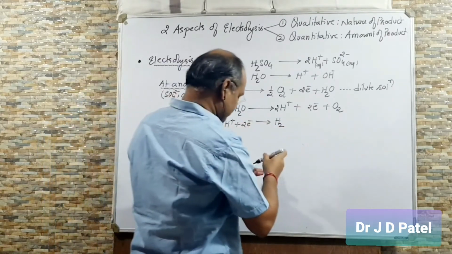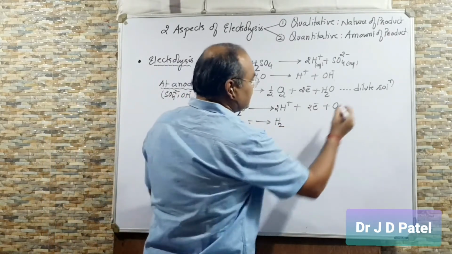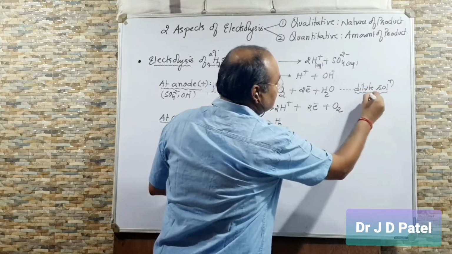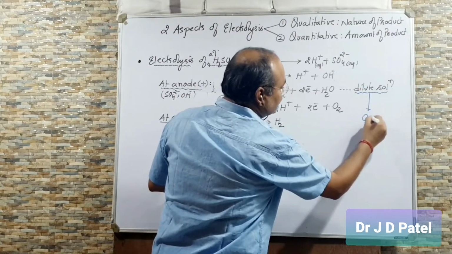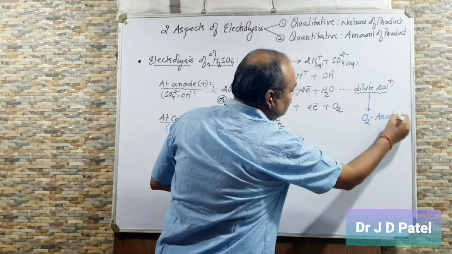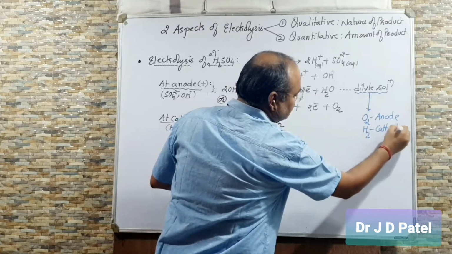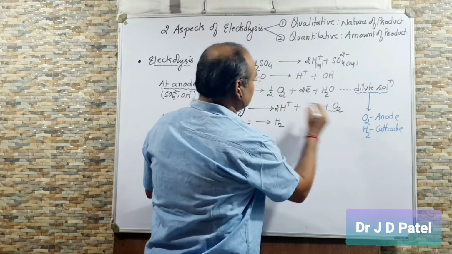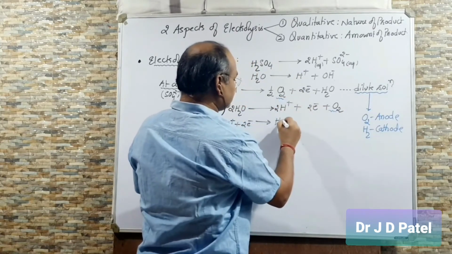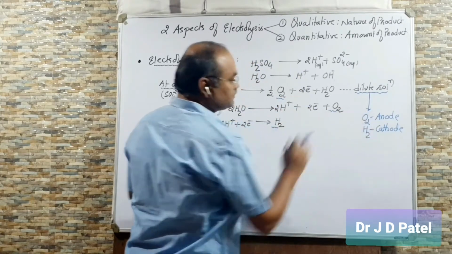So here, in case of dilute solution, O2 is obtained at anode and H2 gas is obtained at cathode.